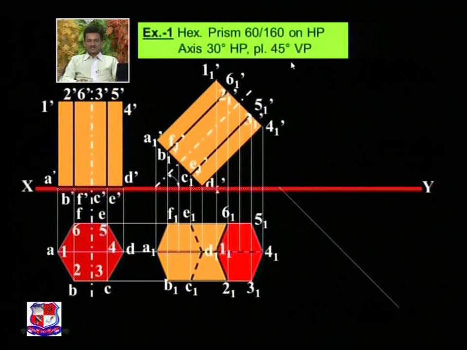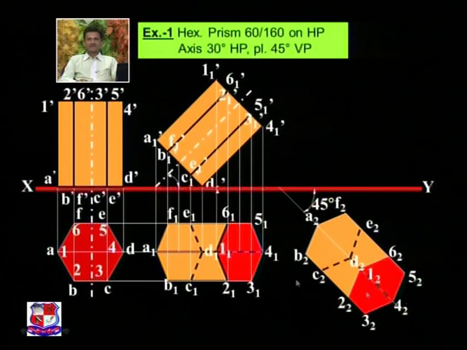Now the last step. Here it is given the plan, that is the top view, makes an angle of 45 degree with VP. So we have to tilt this plan, or this top view, in such a way that this axis makes an angle of 45 degree with VP. So first we draw a line at an angle of 45 degree with XY line like this, and redraw this figure like this by any method, by drawing arcs or by measuring distance or by any means.